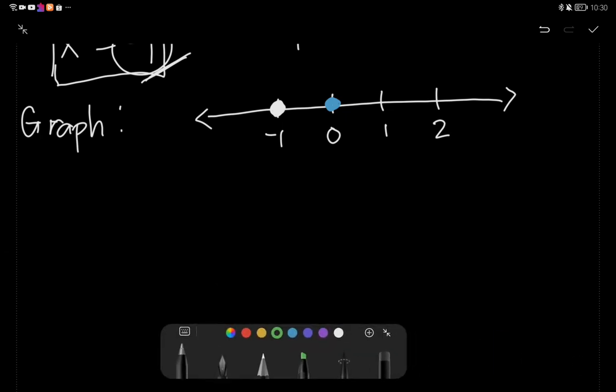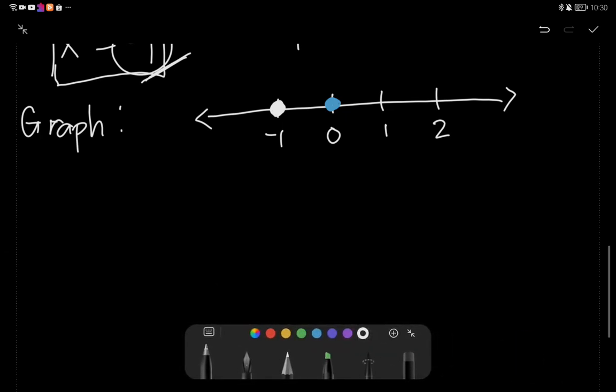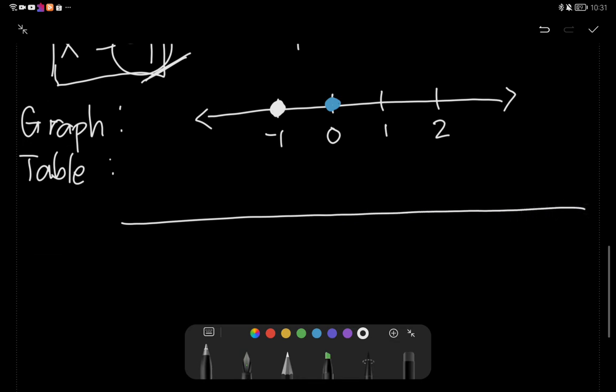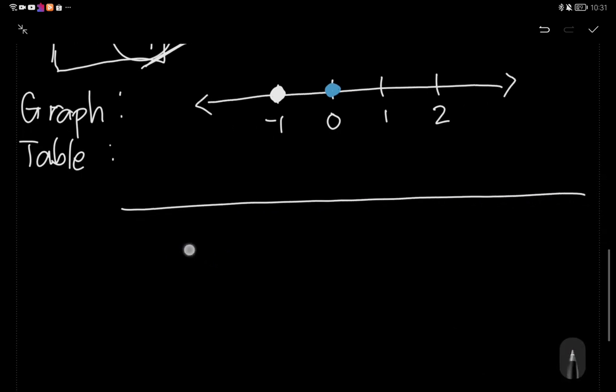Let's make a table to present the intervals and the test points. Here is the interval. Here are the test points.